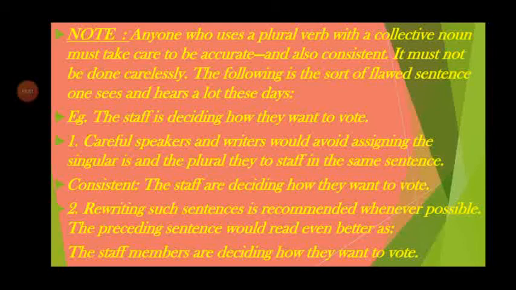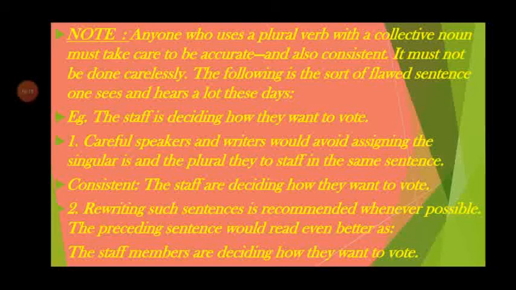Anyone who uses a plural verb with a collective noun must take care to be accurate and also consistent. It must not be done carelessly. The following is the sort of flawed sentence one sees and hears a lot these days. The staff is deciding how they want to vote.